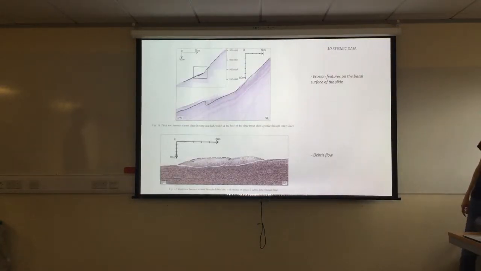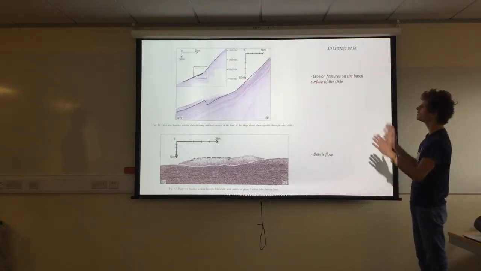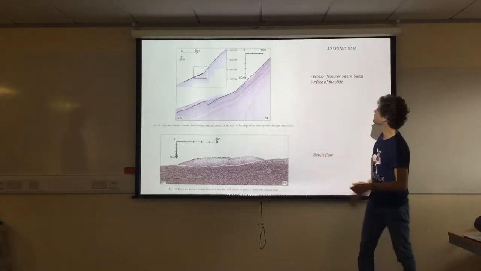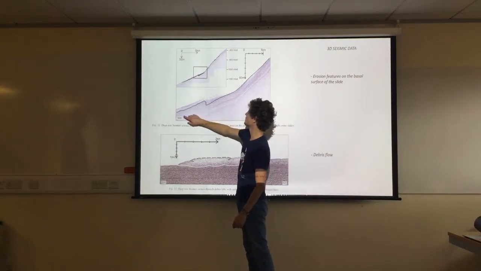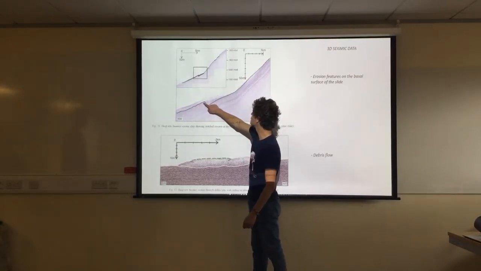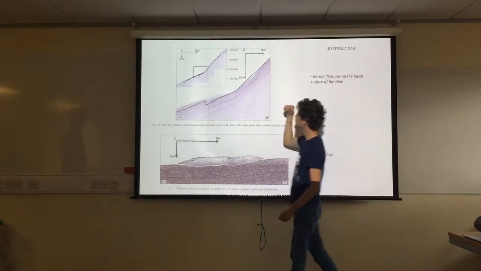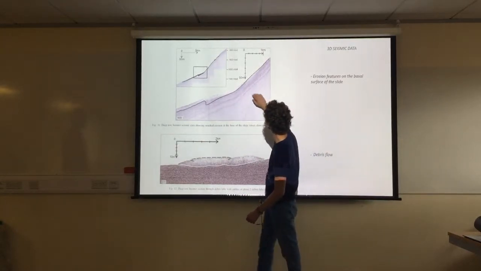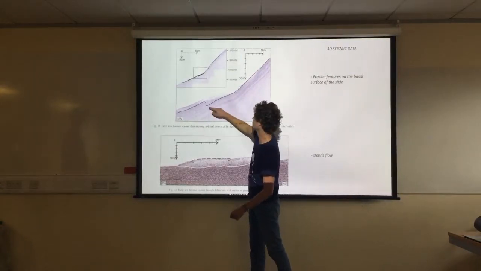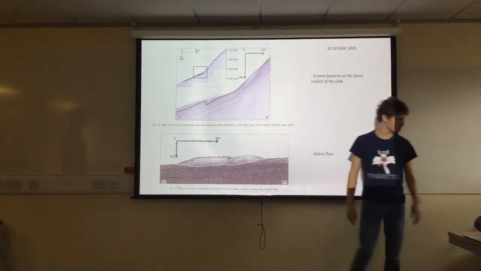So for example, in a more focused area of the landslide, with 3D seismic data, we can characterize some erosional features at the base of the landslide. So you can see the scale here. In 1 kilometer we can distinguish some features.